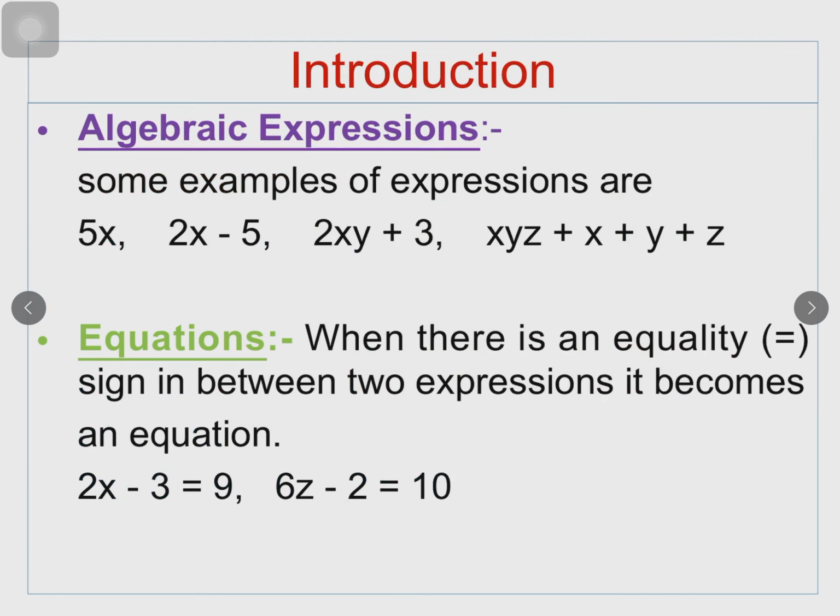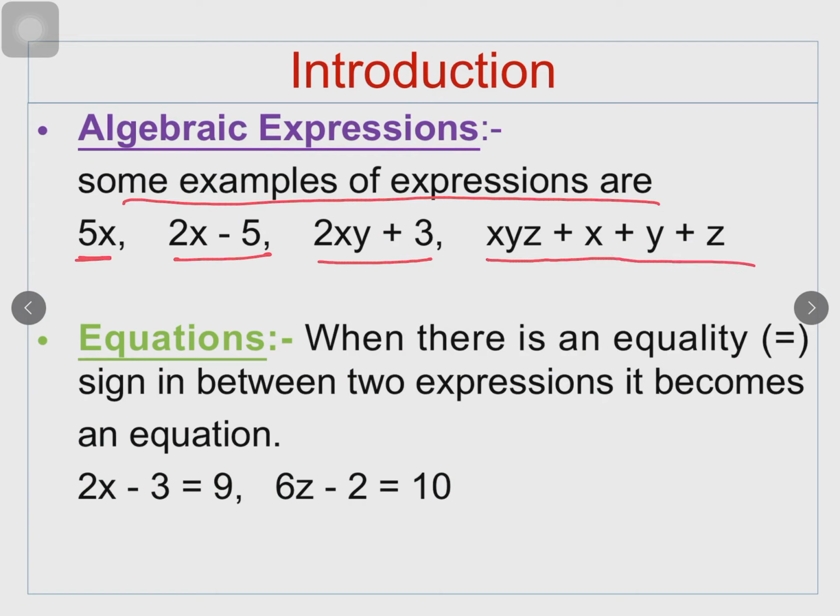So first we have the algebraic expression and the equation. You have already studied algebraic expressions and equations in your previous classes, so just quickly recall them. Some examples of algebraic expressions are given here: 5x, 2x minus 5, 2x5 plus 3, xyz plus x plus y plus z.